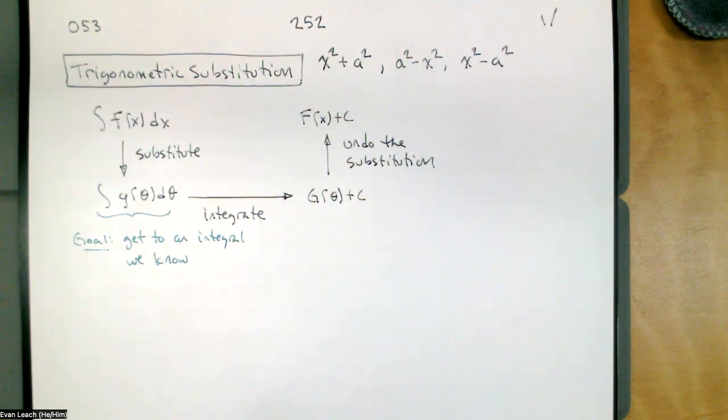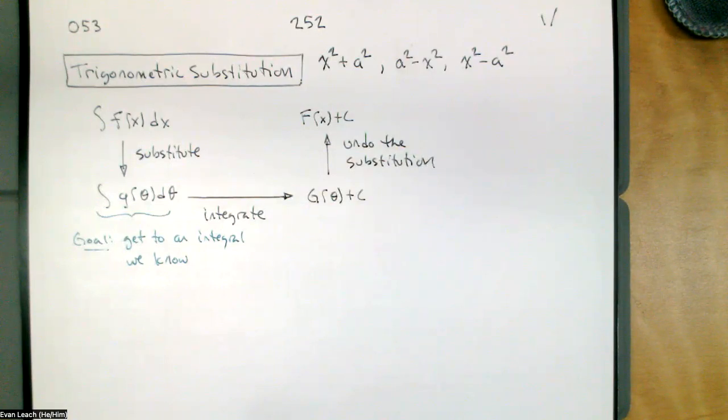So trigonometric substitution is for integrals with quadratic forms. Now, we're going to focus on x squared plus or minus a squared and a squared minus x squared. We're going to focus on those, but even if there is an x term, just like we saw on Monday, we can use completing the square to write all of our quadratics in this form.